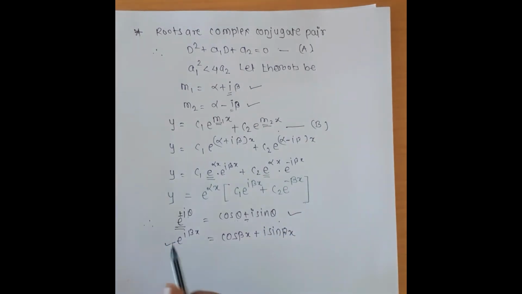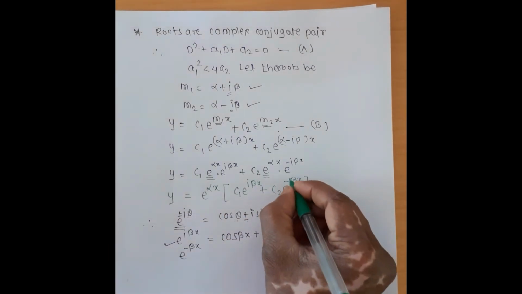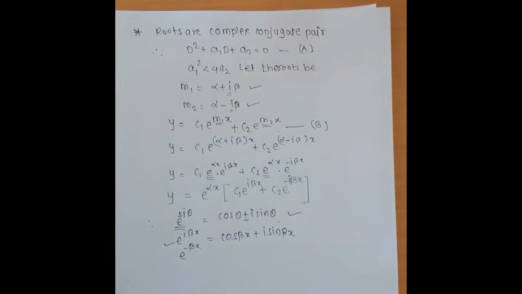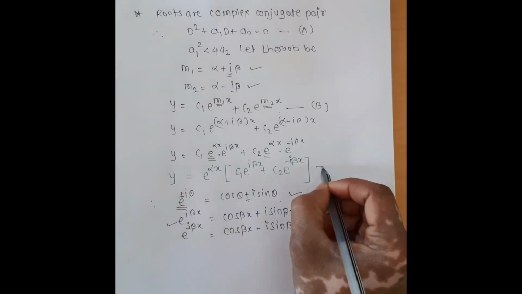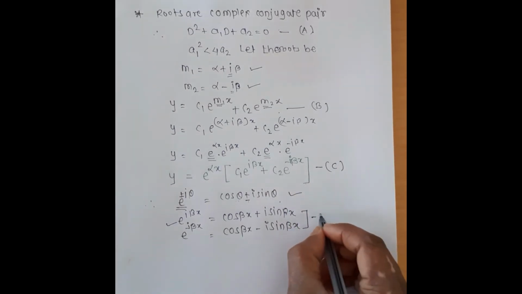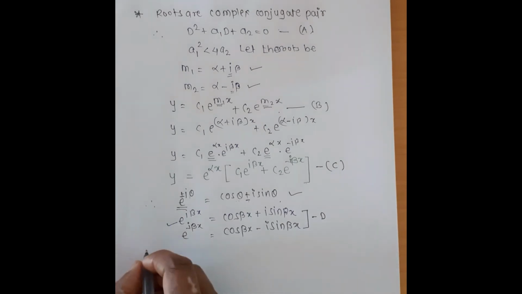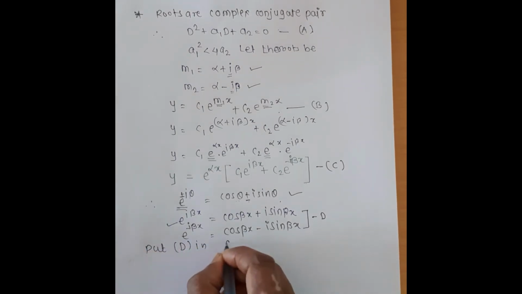And for minus, e raised to minus i beta x will be cos beta x minus i sin beta x. Now we put all these values in the equation. This equation will be called equation C, and this one D. So put D in C.